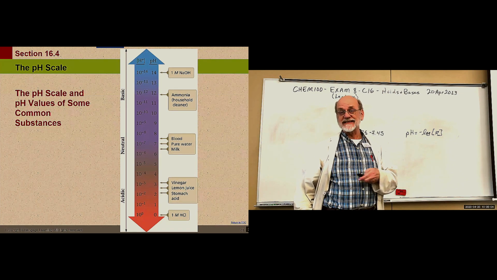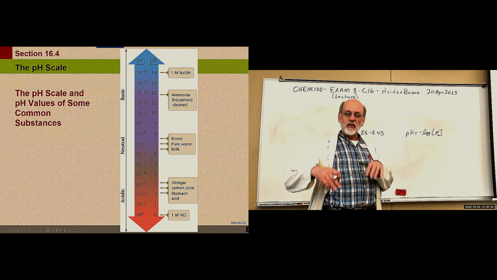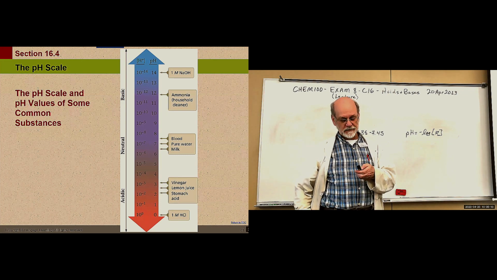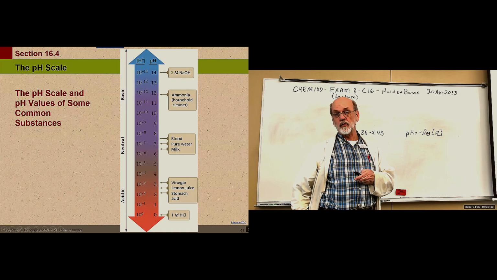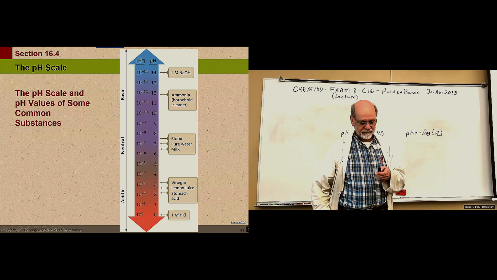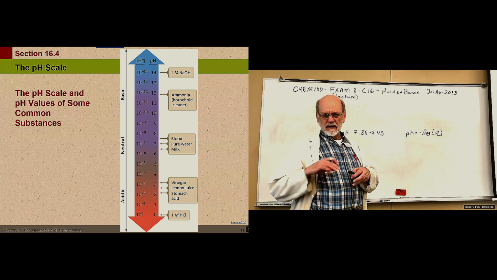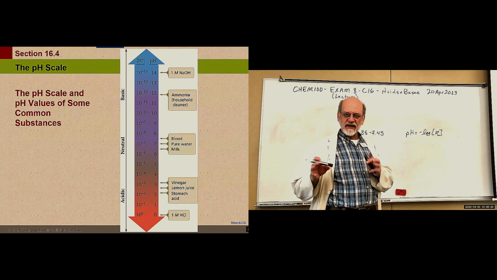And Sorensen didn't intend to use it there either. His pH range was typically between 1 and 12. So if we go the other direction, past blood, household ammonia is in the neighborhood almost 12 pH. And then 1 molar sodium hydroxide is 14. All right, so that gives you an intuition about pH and acidity and basicity.